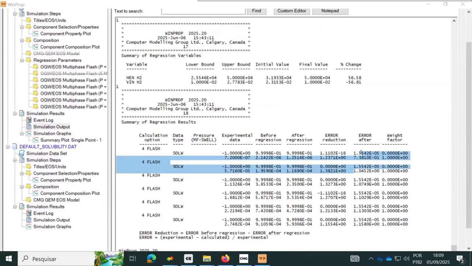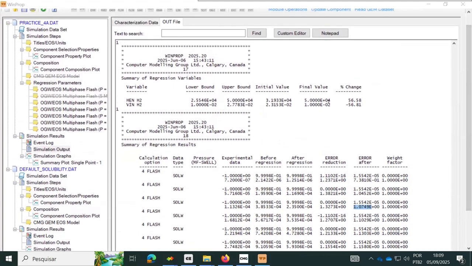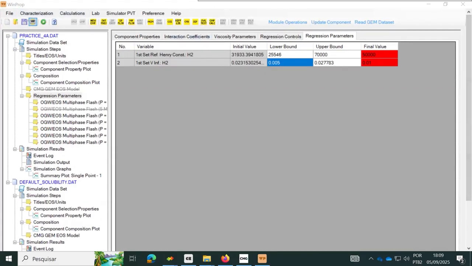This is still high, it's 10% of error. I need to reduce it to 5. I think I need to expand the boundaries more. Let's assume here 70,000. Let's reduce it to 0.5. Now it's our trial and error.